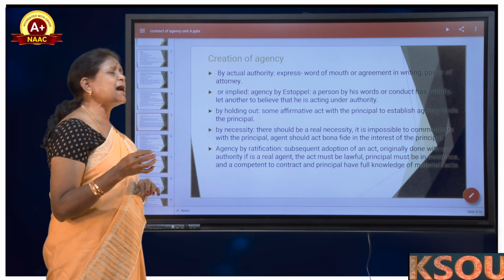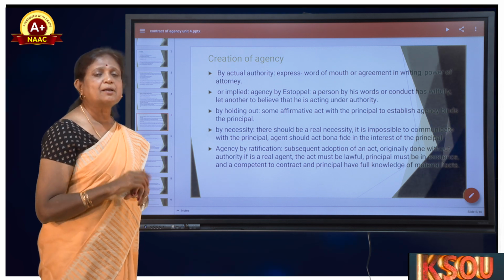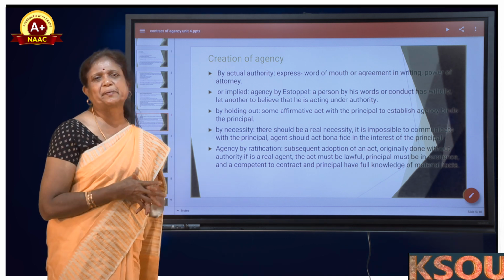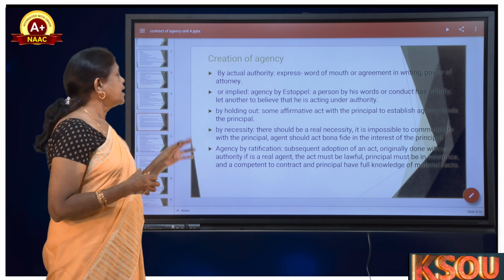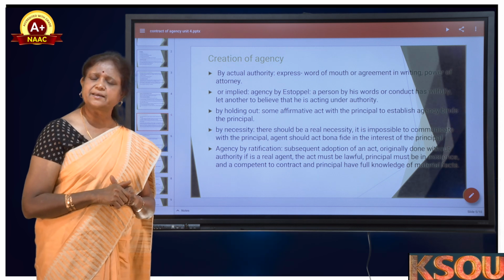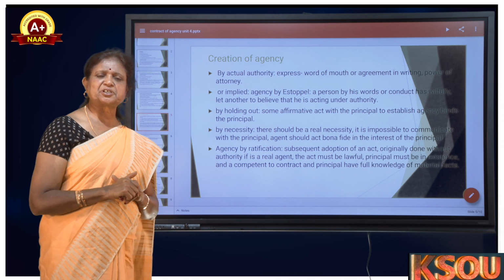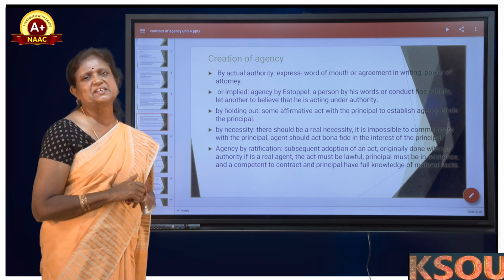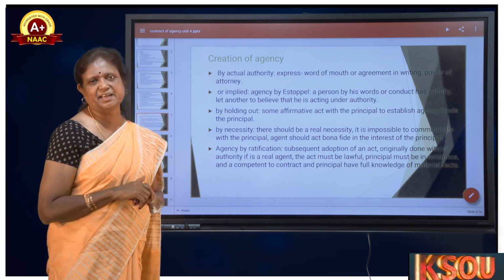Sometimes an act of a person makes the principal liable for that particular act. It is by implied authority, or by conduct of the principal that makes the other person believe that he is an agent. And also by the rule of estoppel. The rule of estoppel is such that sometimes the principal creates an impression to the third party that a person, though not an agent of the principal, is an agent.